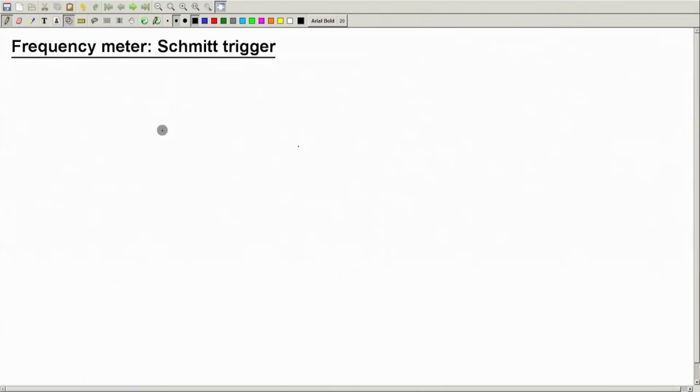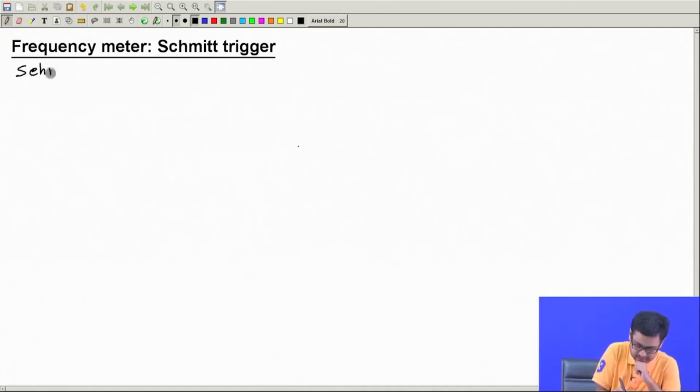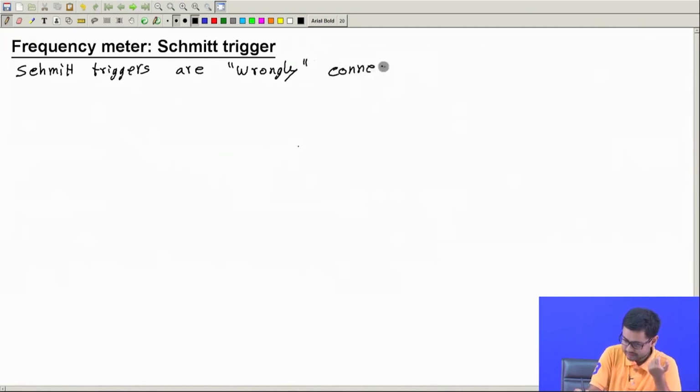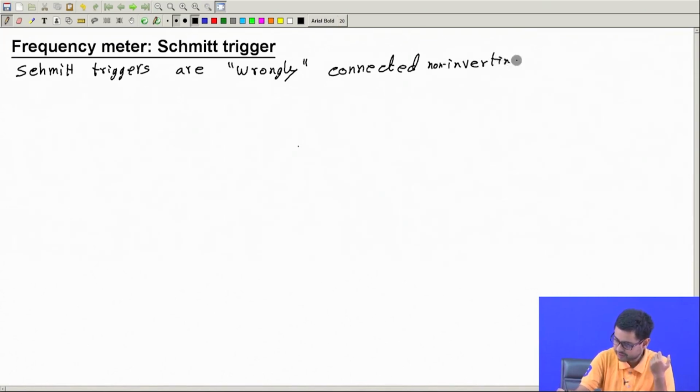Okay, so if you recall, once we have mentioned that Schmitt triggers are wrongly connected amplifiers, inverting or non-inverting amplifiers, non-inverting or inverting amplifiers.